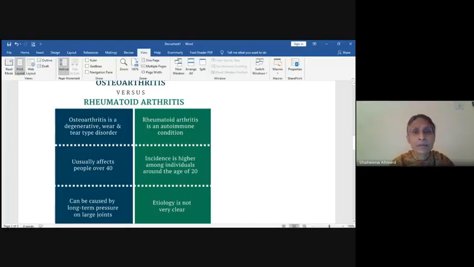I can't move around. There is a lot of pain. There is no movement here. I can't stand or I can't lift certain objects. His complaints are going to be related to joint pain and swelling.